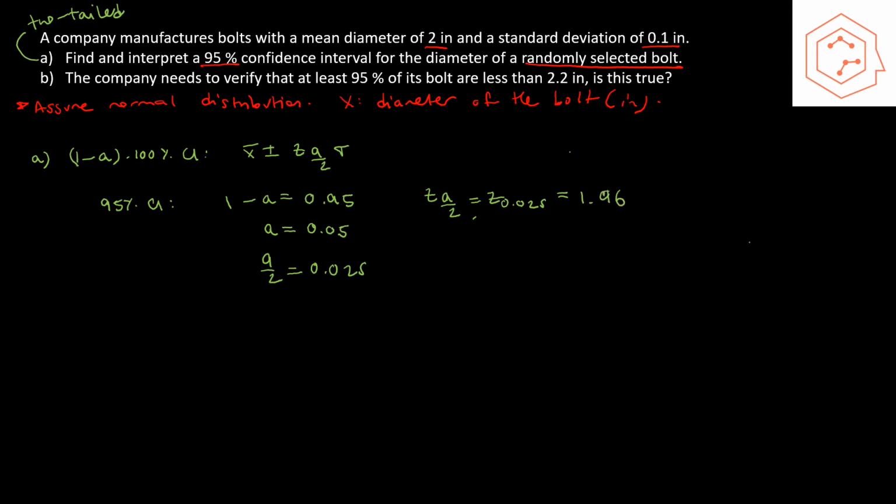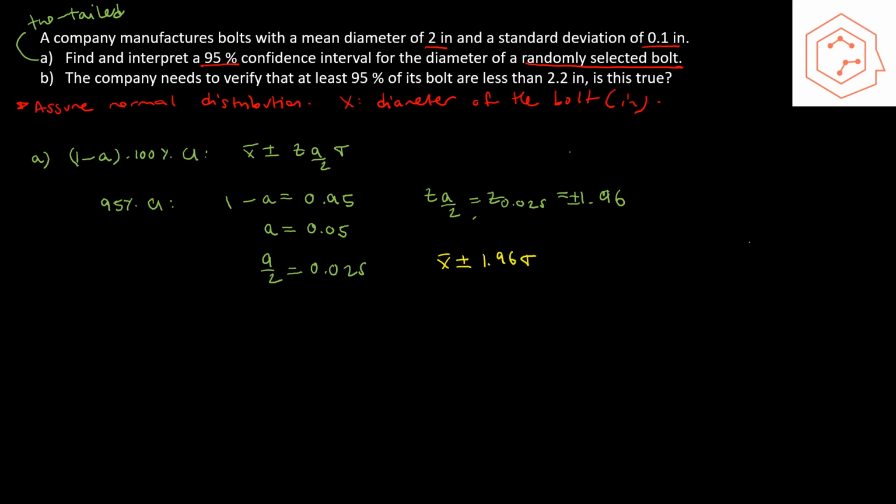And so that's the absolute value. So our z-scores are actually plus or minus 1.96. So the area below negative 1.96 is going to be 0.025, and the area above positive 1.96 is going to be 0.025.